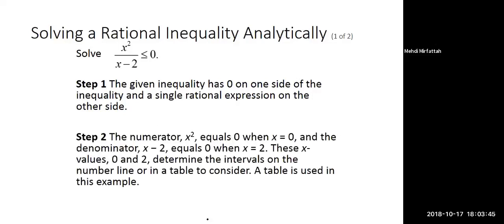Step number 2, for the numerator, x squared equals 0 when x equals 0. For the denominator, x minus 2 equals 0 when x equals 2. The x values then would be 0 and 2. Now we need to put that on the table or number line.